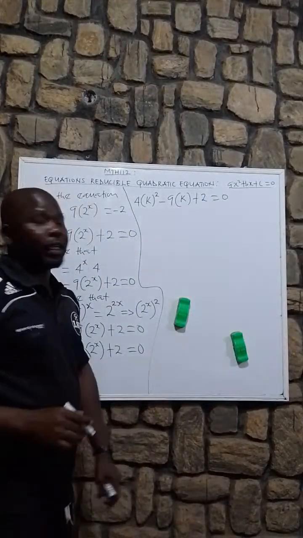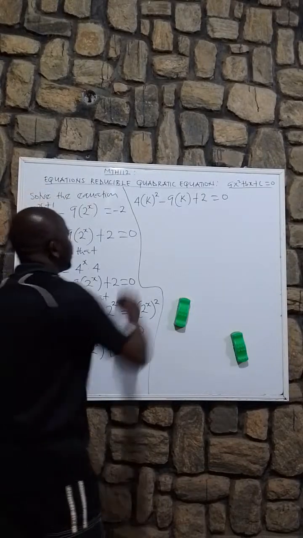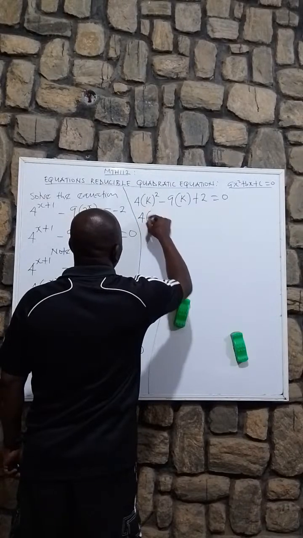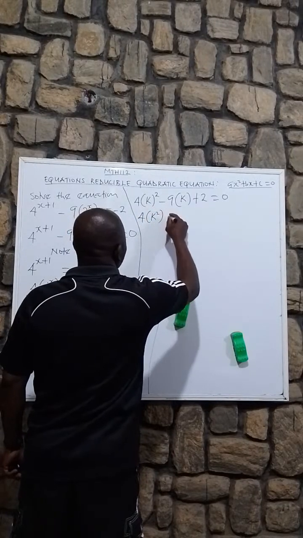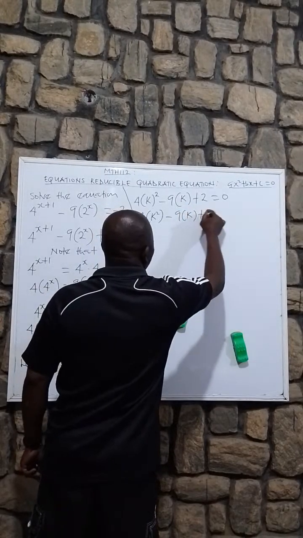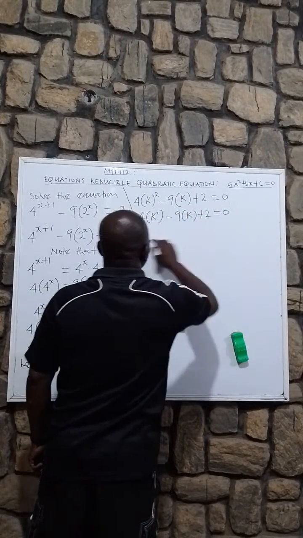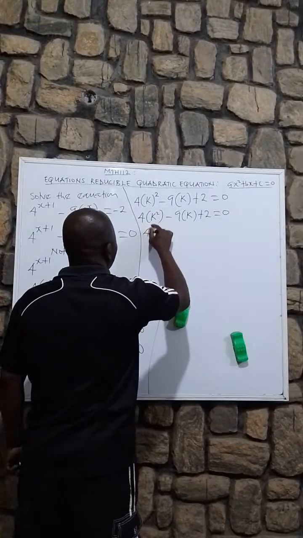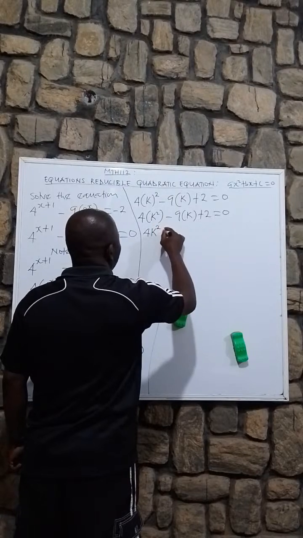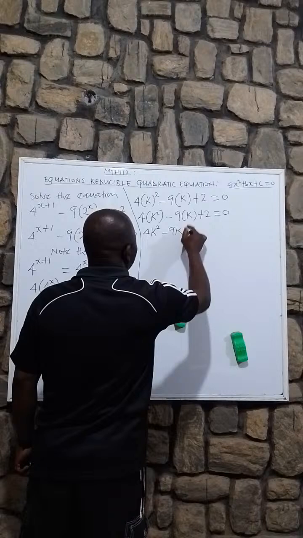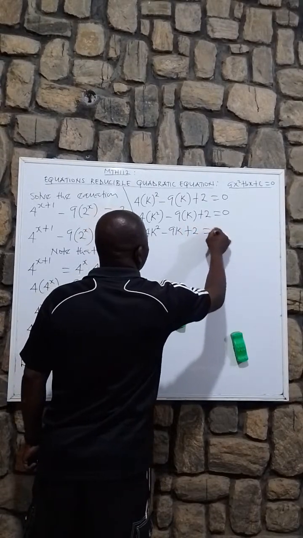Are you seeing what I am saying? So far so good. This is the same thing as 4k square minus 9 open bracket k plus 2 equals to 0. Let's multiply out the bracket. 4 times k square, we are going to have 4k square. Minus 9 times k, minus 9k plus 2 equals to 0.